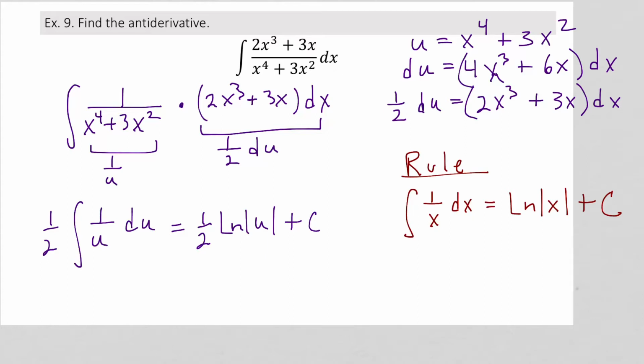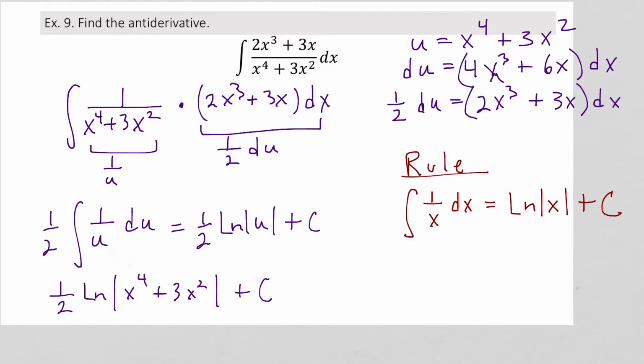All right, now I'm ready to sub u back in. So I've got 1/2 natural log of the absolute value of x to the 4th plus 3x squared plus c. All right, so I'm just going to leave those bars in there, even though you could see that this is never going to be negative because these are all to even powers.